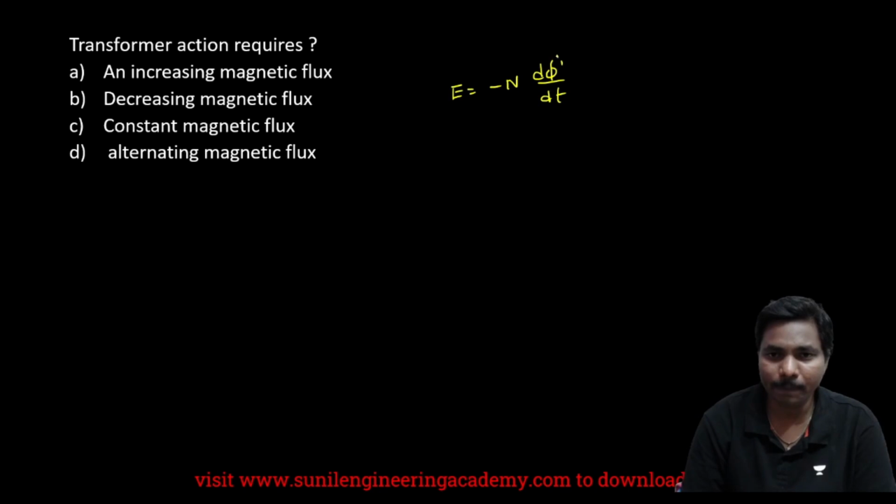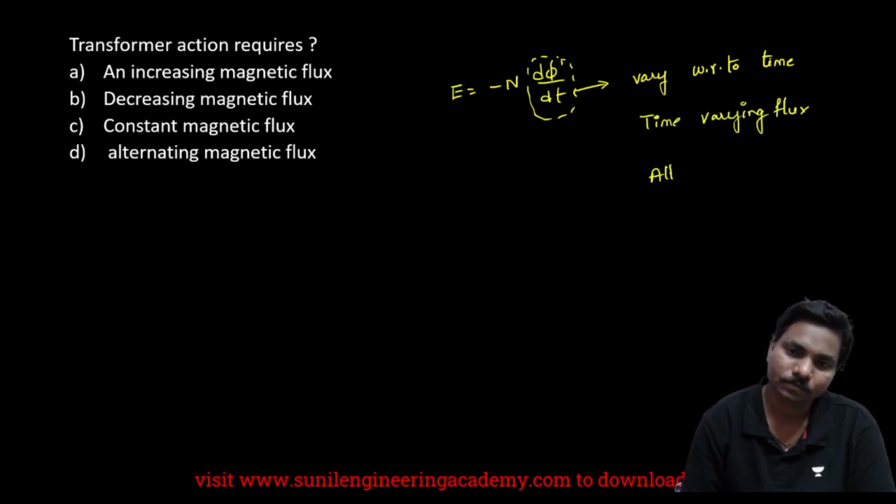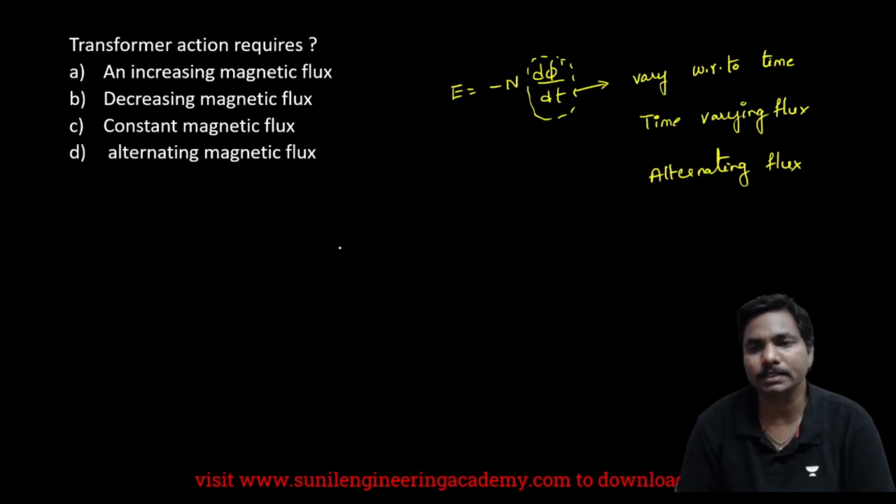Here dφ by dt means flux has to vary with respect to time, that is time varying flux, I mean alternating flux. For example, if you are giving constant flux, that means time invariant flux, then dφ by dt will become 0. Whenever dφ by dt becomes 0, EMF is 0.